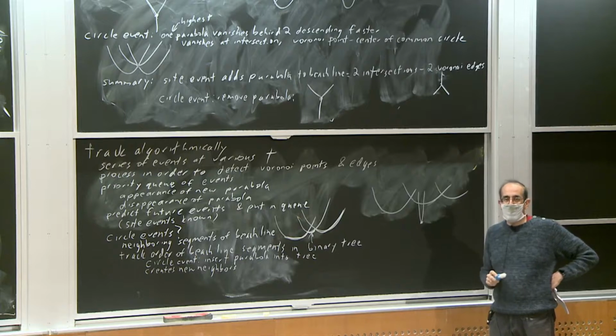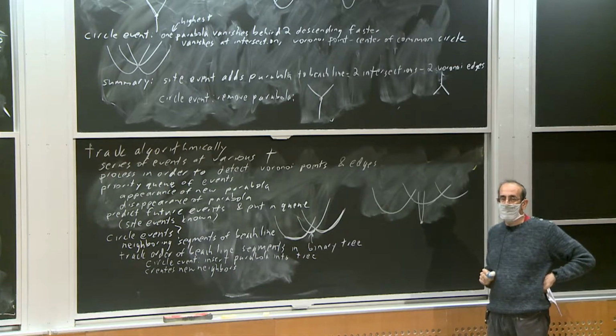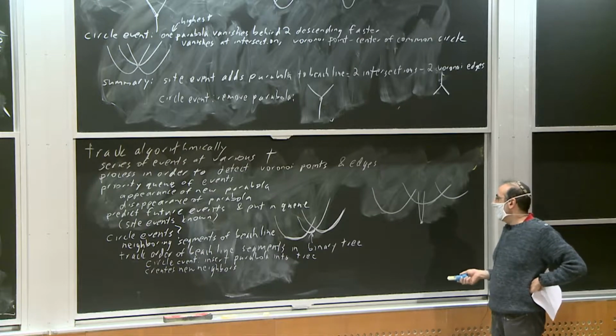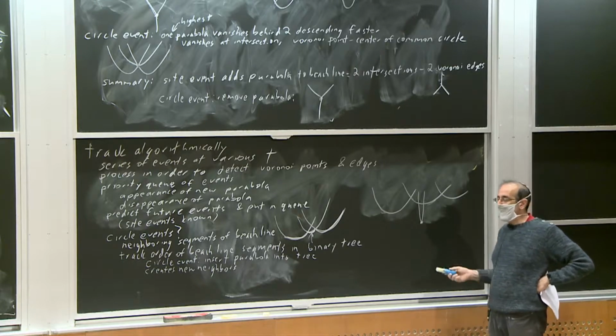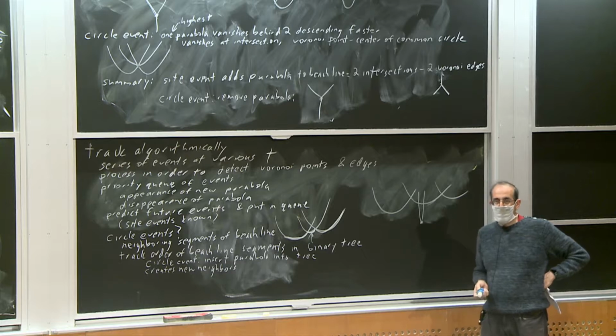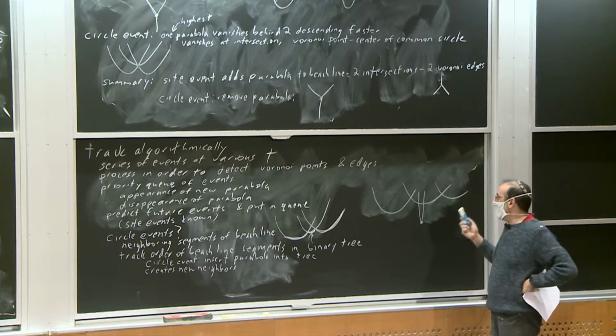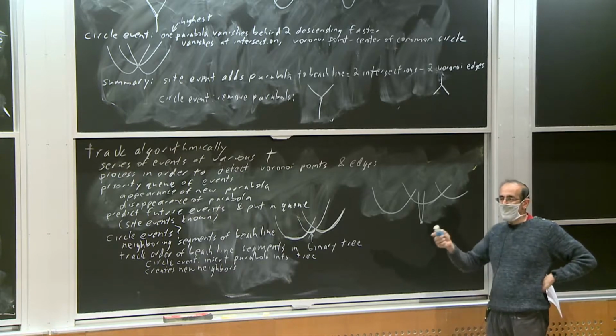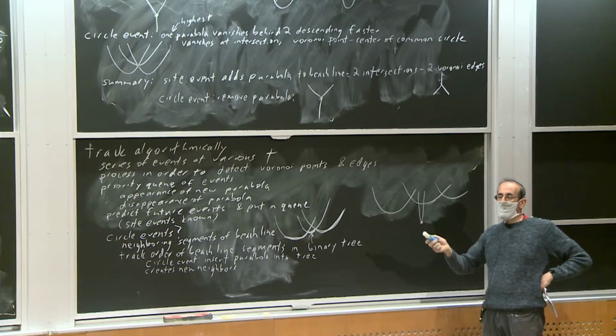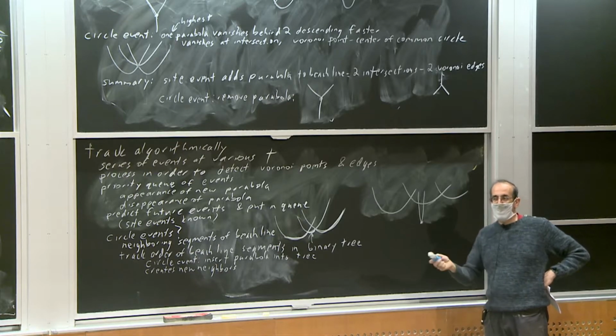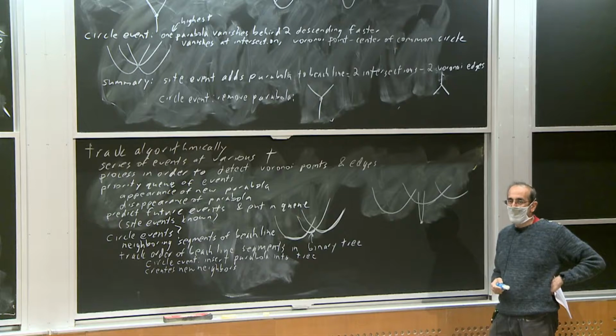And I put that into the priority queue. Similarly, when a circle event happens, I take a parabola out of this beach line, and that also creates some new neighbors because there were some segments that were previously not next to each other that now are.